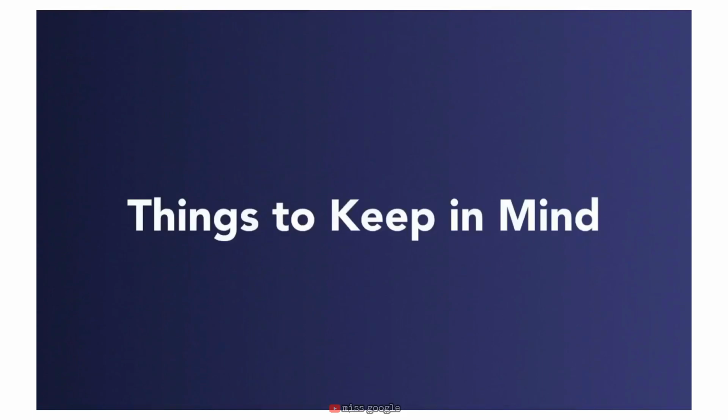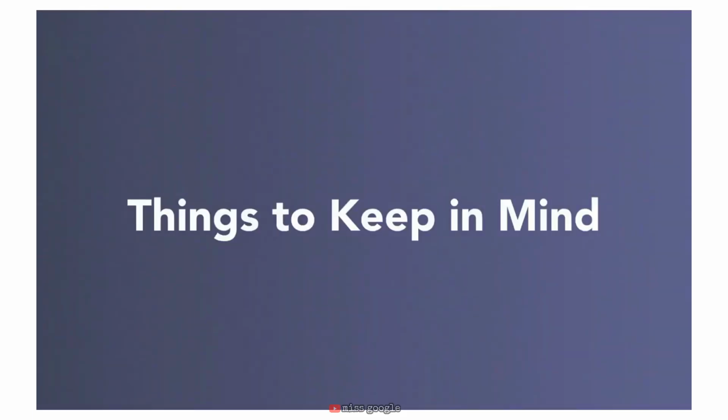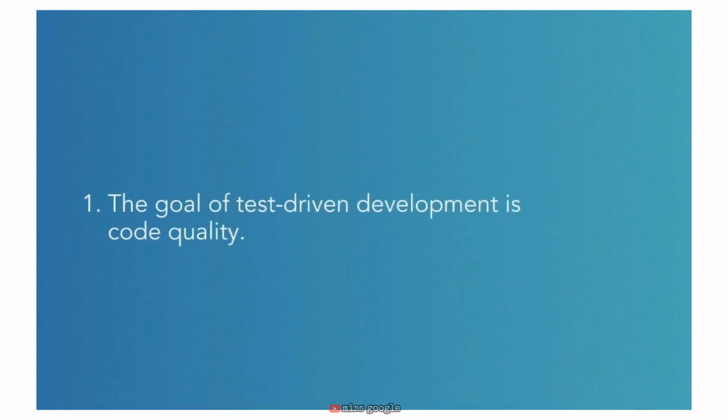So then, as we continue on in our exploration of test-driven development, there are a few things that you should keep in mind. The first is that the ultimate goal of test-driven development is software quality. Without this goal in mind, test-driven development has very little meaning, and probably won't help you that much. Throughout your career in software development, you'll likely meet many people who have lost sight of this goal and complain about having to write tests all the time, or who follow the test-driven development rules mechanically but have no idea why they're doing it.